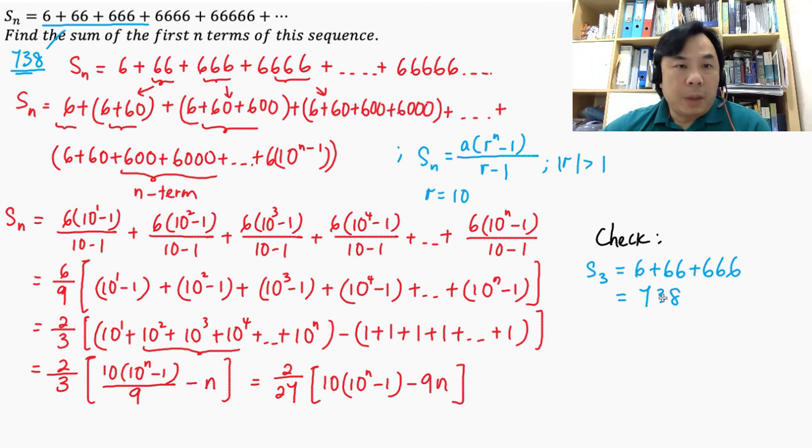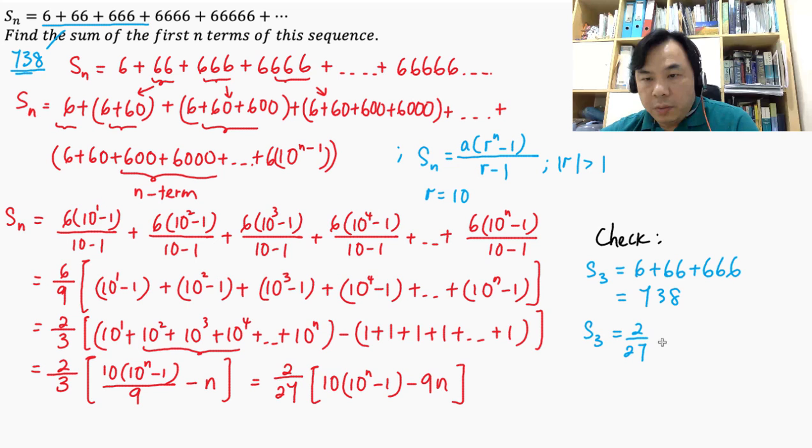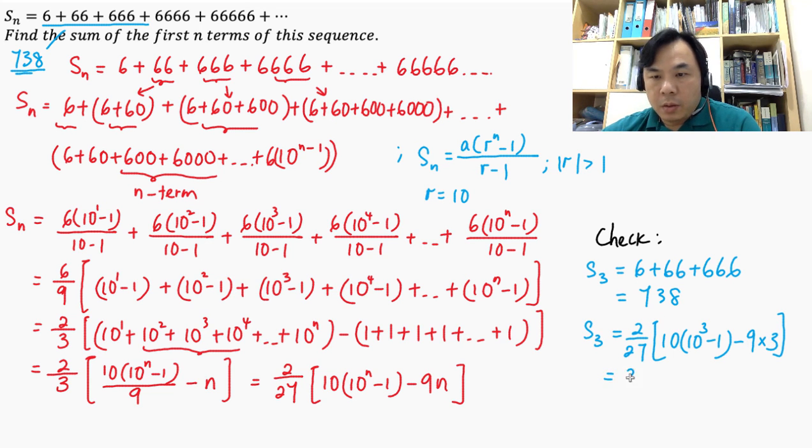If you add them up manually, it should yield 738. Now then again, if I use my formula here that I have deduced, I want to check whether it works or not. Now letting n equal to 3 here, so that will be 10 to the power 3 minus 1, minus 9 times 3 here.